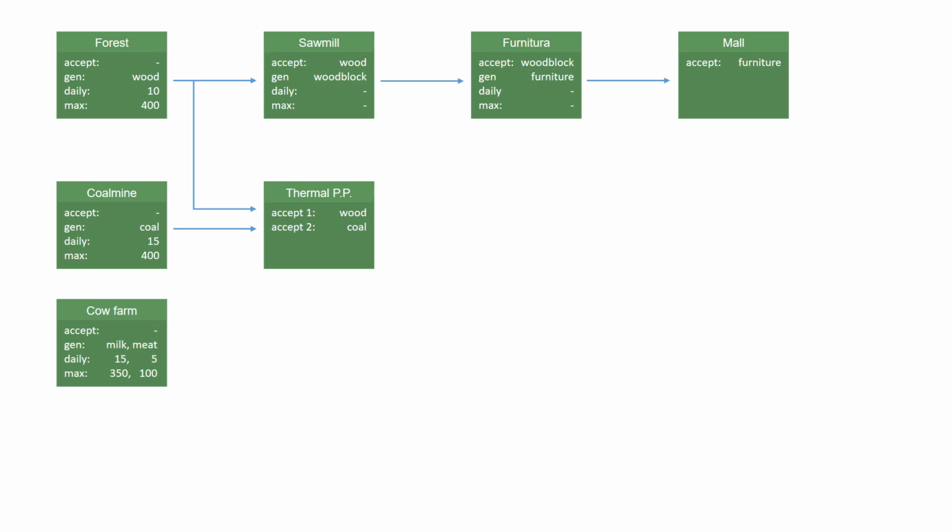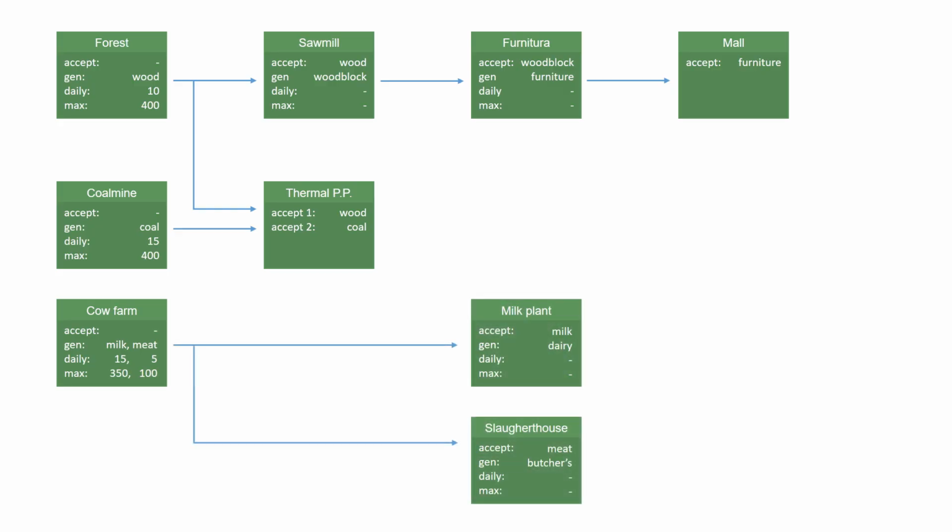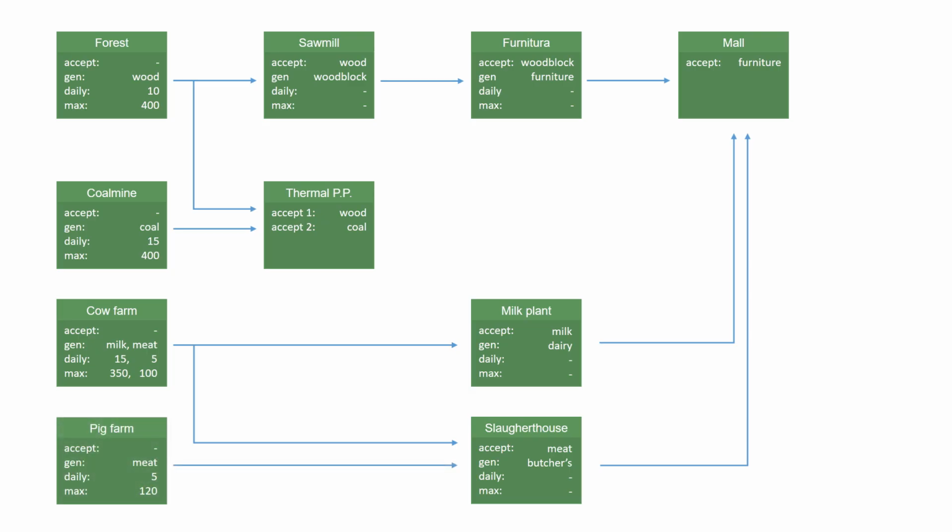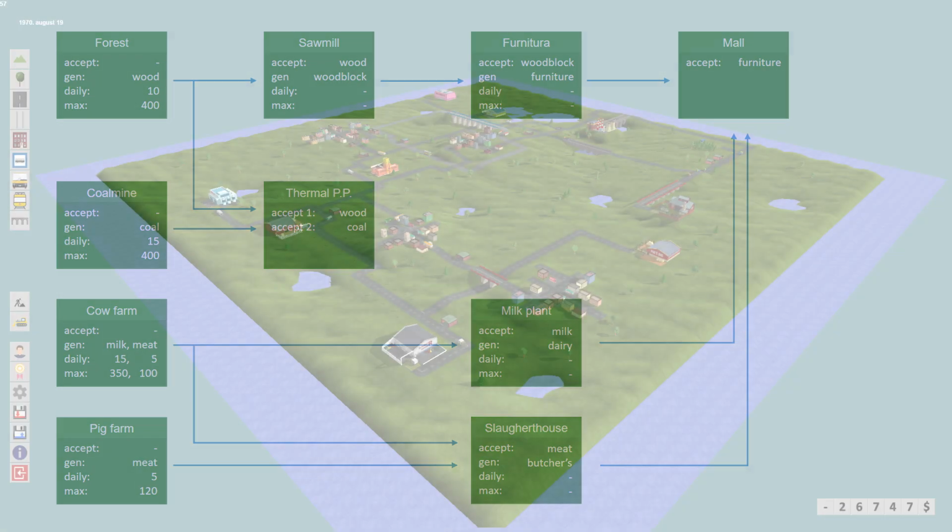And so we can deliver these elements to different factories, for example milk to the milk plant and meat to the slaughterhouse. And of course we can deliver the finished dairy products and the butcher's meat to the mall also. Of course, having a pig farm which will generate meat, we can deliver these to the slaughterhouse as well.